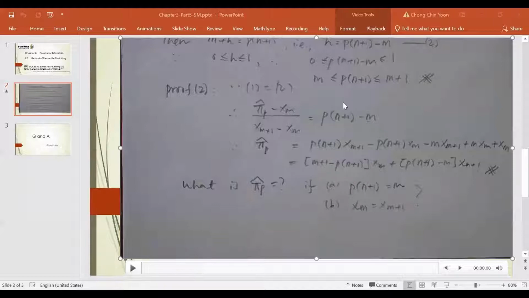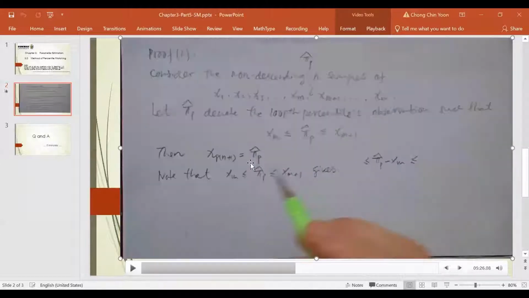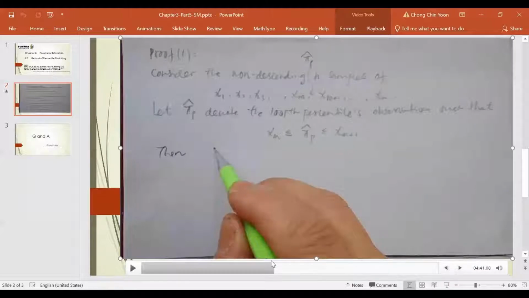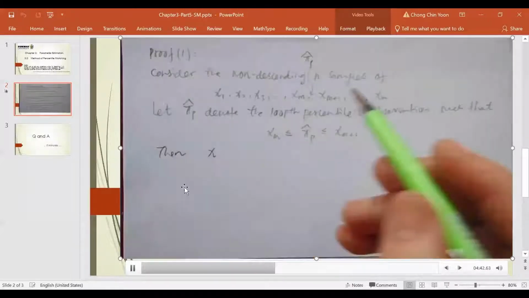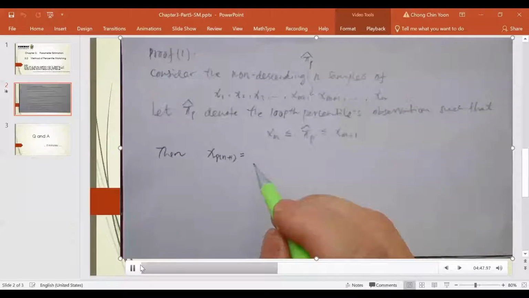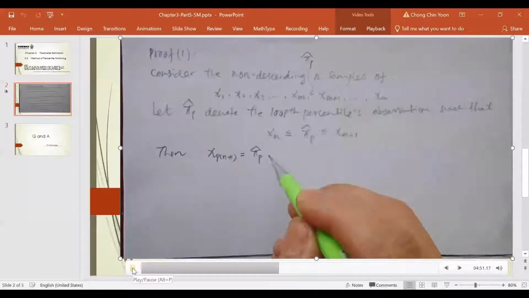Just now I told you how to make this. How can I have this afterwards? That is this: xp times n plus 1, which equals the pi p hat.